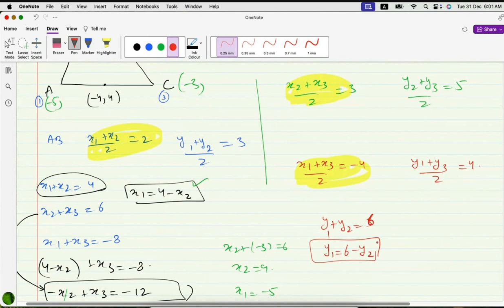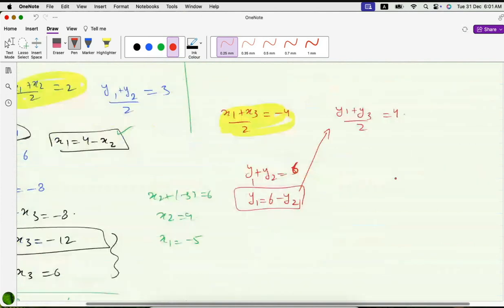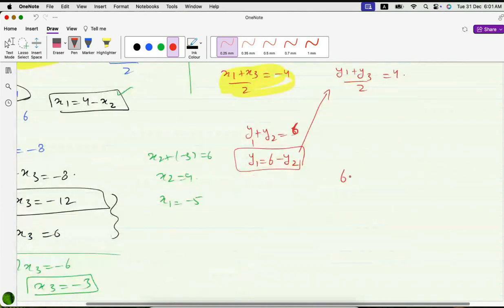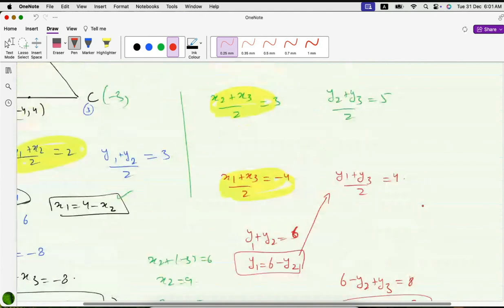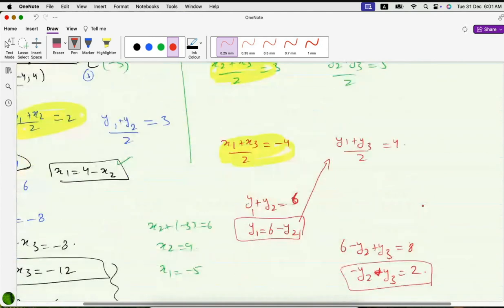I can see where y1 is and substitute to get 6 minus y2 plus y3 is equal to 4, 2 times 4 is 8, minus y2 plus y3 is equal to 8 minus 6, which is 2. Now look at the third expression.